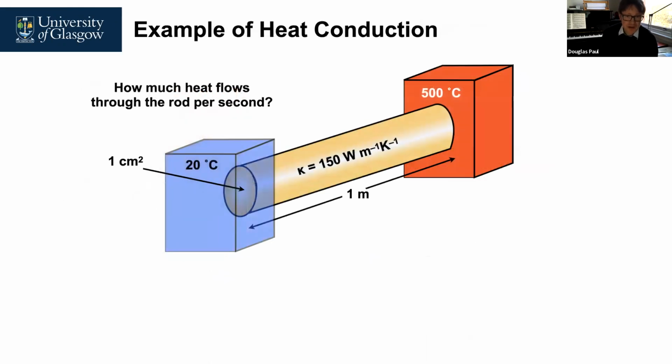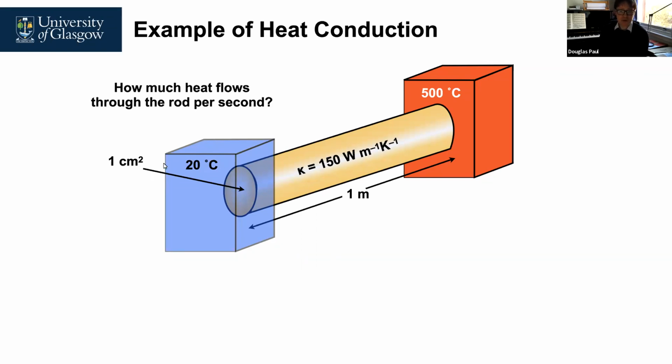So here's a very simple example of this. And what we're thinking about is a hot sink at 500 degrees C. We've got a cold sink at 20 degrees C. And we're going to assume that these are thermally massive enough that they keep the same temperatures when heat is flowing out of the hot side and flowing into the cold side.